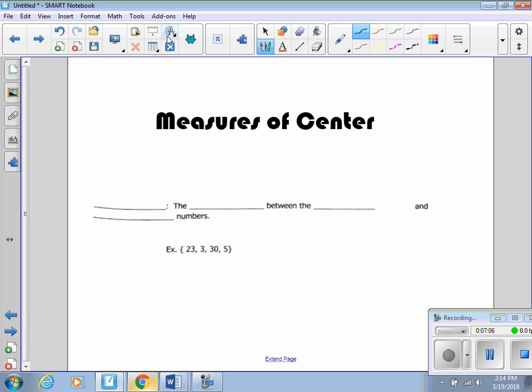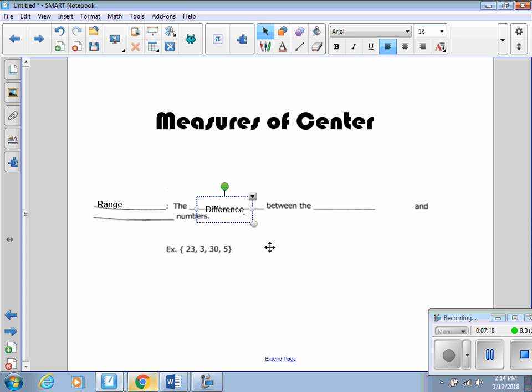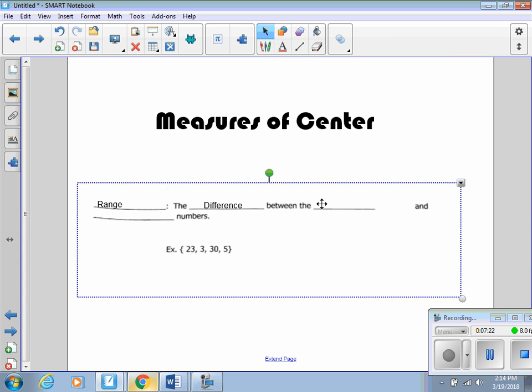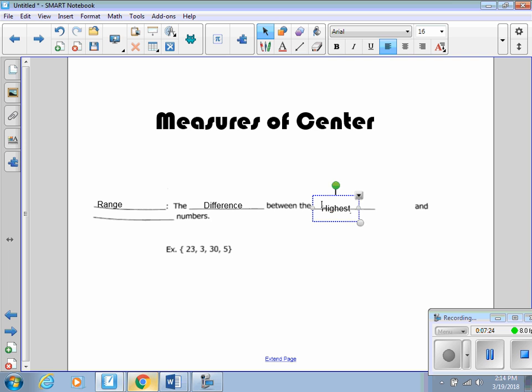Last measure of center is the range. The range is the difference between the highest and the lowest numbers you have.